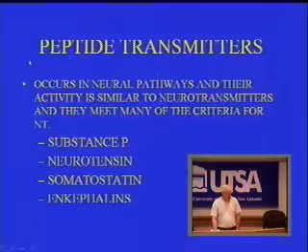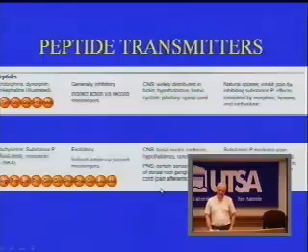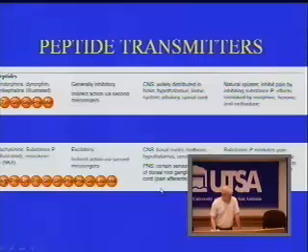There are a wide variety of peptide transmitters, substance P, neurotensin, somatostatin, and enkephalins. We've talked about many with our discussion of neuropeptides 1 and 2 already, and I just want to spend a bit of time showing a few examples. Here we see the endorphins, the dynorphins, and enkephalins. Enkephalin is the one that's illustrated here. So 1, 2, 3, 4, 5 amino acids.